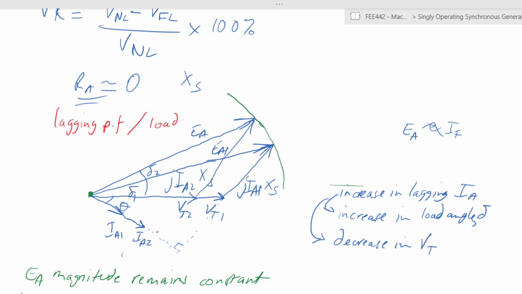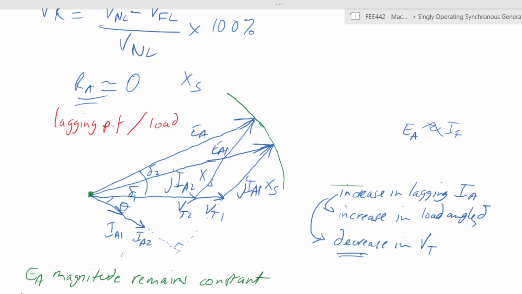Yeah, you have increased the magnitude of IA without changing the power factor, right? An increase in the magnitude of IA at the same lagging power factor causes a significant decrease in terminal voltage, right? And empirically, that would appear to make sense.